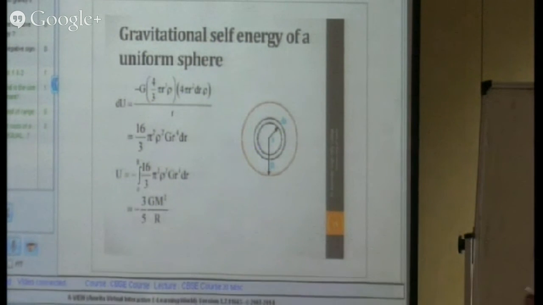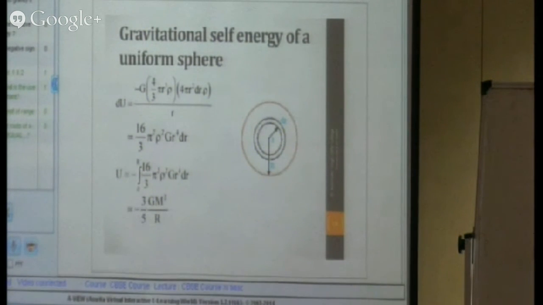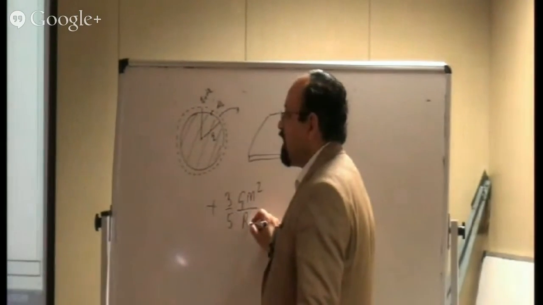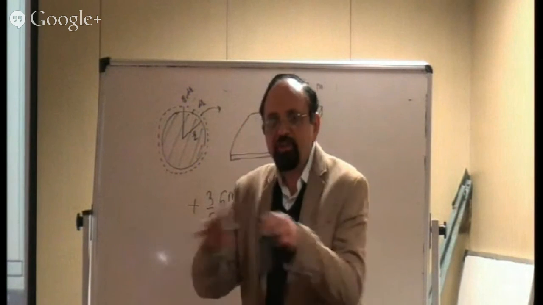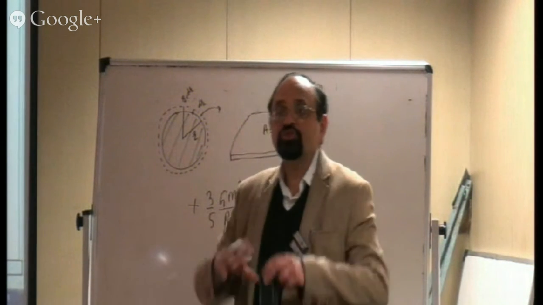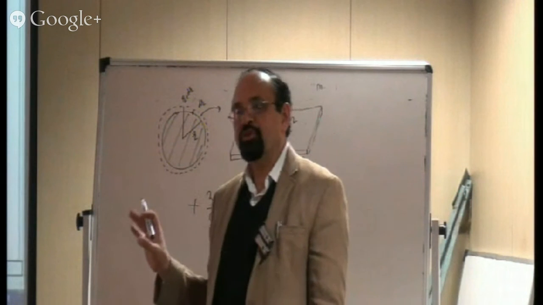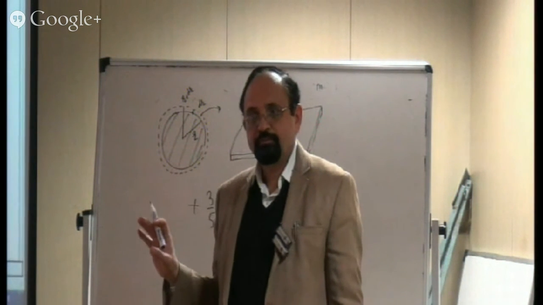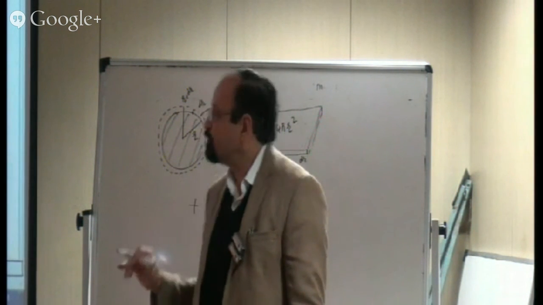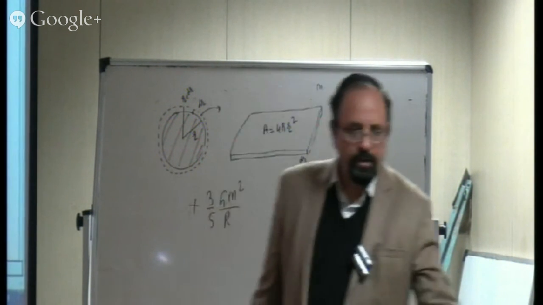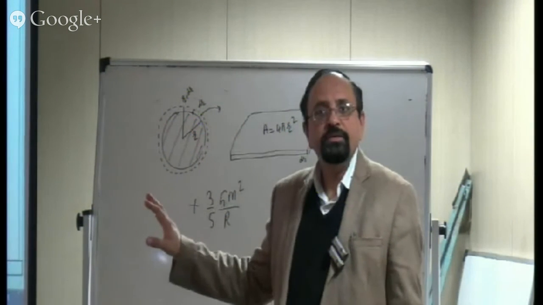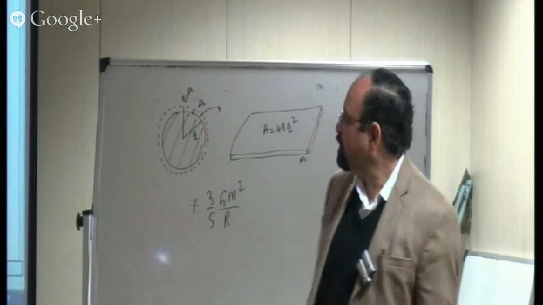You need the positive 3 by 5 G M square by R to make this body break into pieces which are so separated that there is no gravitational force between them. Is it clear? So this is how you can make use of calculus in solving these types of problems. This is self energy. Is it clear? Right? Next.